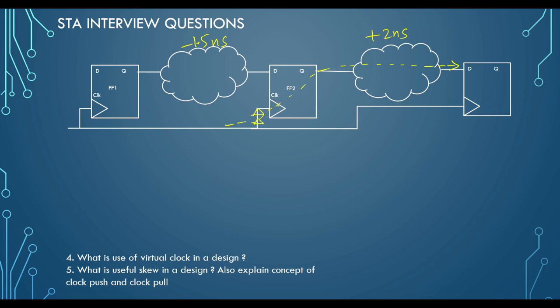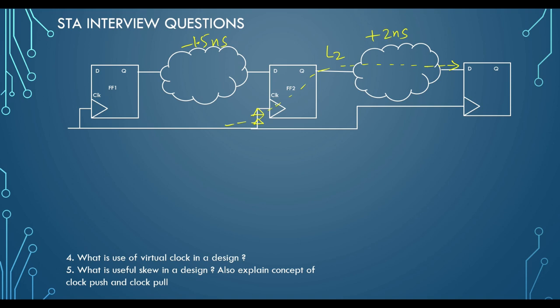If we insert a buffer here in the uncommon path of the clock pin of ff2, which is the launch flop here, let's say it is l2, that is launch flop 2 in the timing path. In this particular timing path, for this launch flop 2, we are pushing the clock so that the effective network delay and the entire data path will have more delay now. So the slack will keep on reducing here.